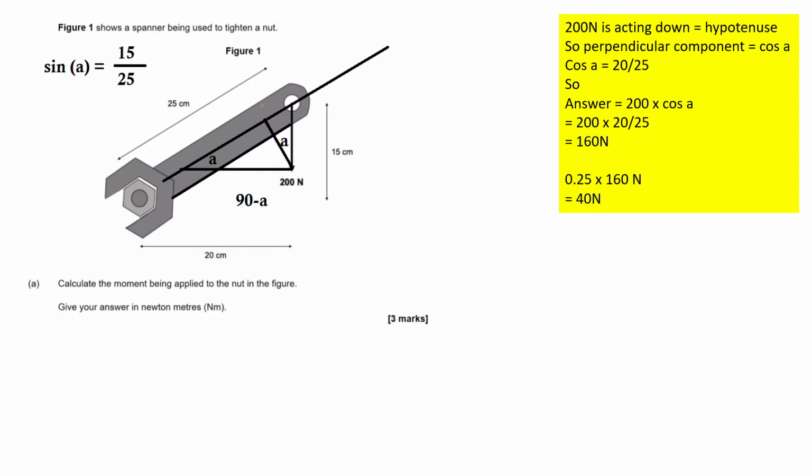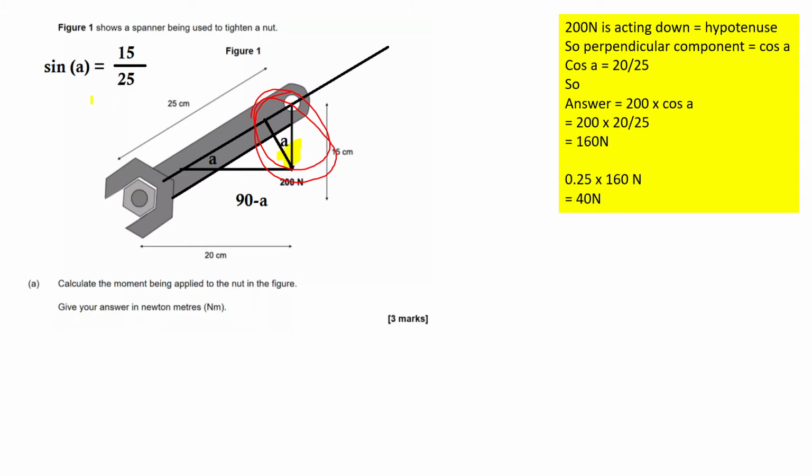So this triangle here that I've circled, the 200 newtons is the hypotenuse, and the angle A is in between. So the angle A is in between these two, right? So that's angle A. It's in between these two.